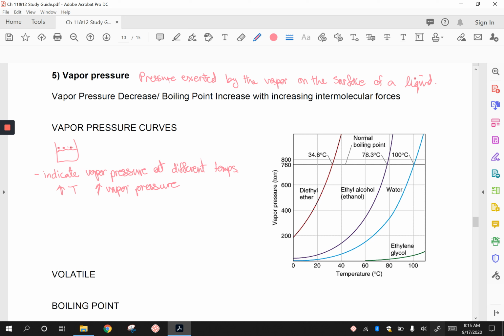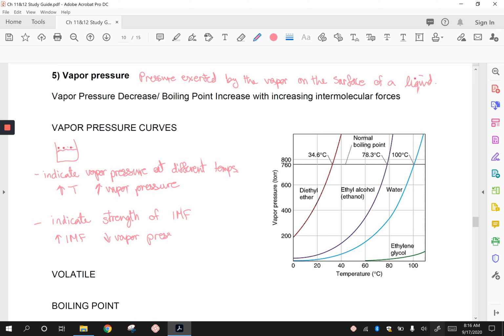Another thing that these vapor pressure curves show us is the strength of the intermolecular forces as well. So the stronger the intermolecular forces, the lower the vapor pressure.